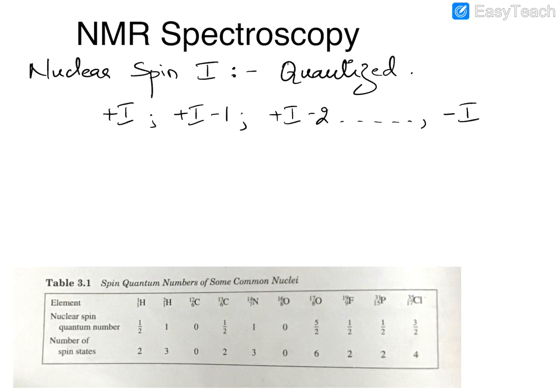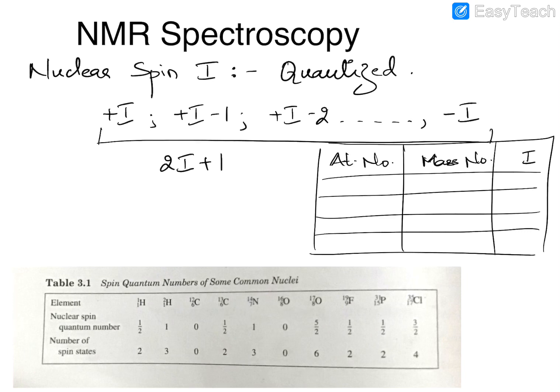So the total number of values that a certain nucleus can possess for the spin becomes 2I plus 1, and these many spin states become available to a certain nucleus to hold in one of the quantum states that is possible.